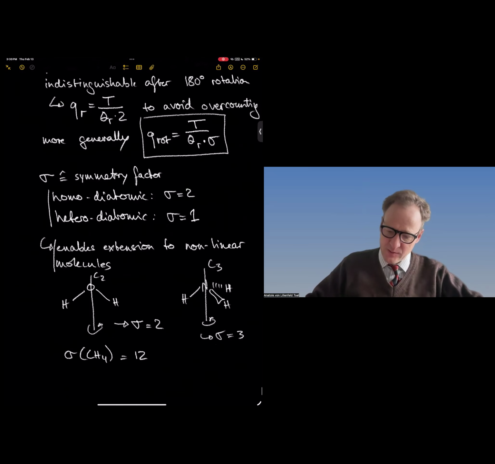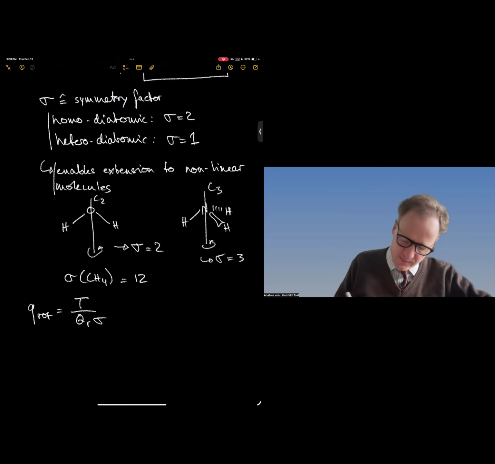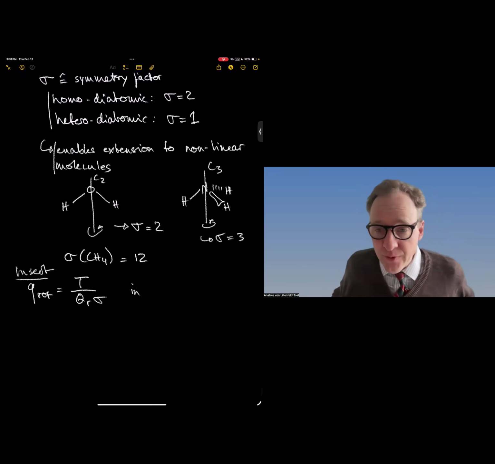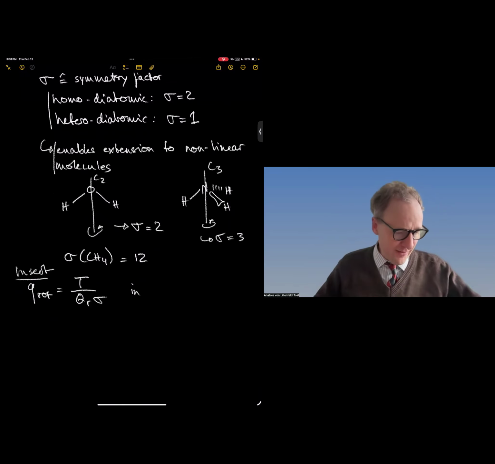Using our expression for q rot, we can easily calculate once more the contribution to the internal energy, as we have done already above, but we can see how we can recover this.